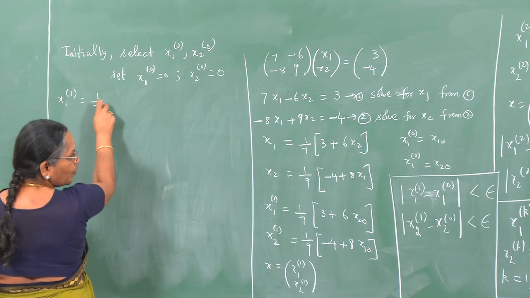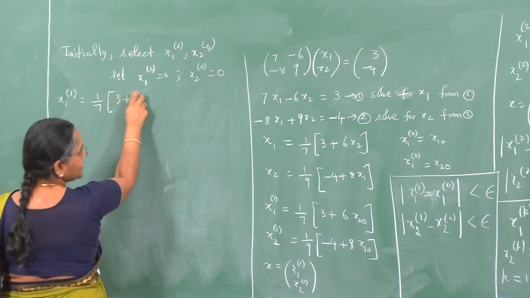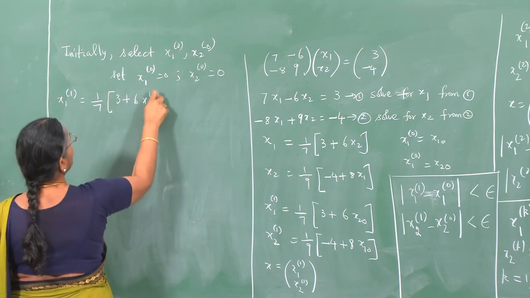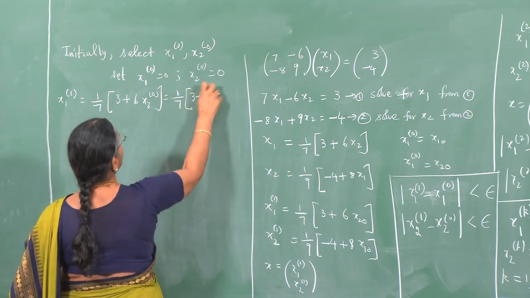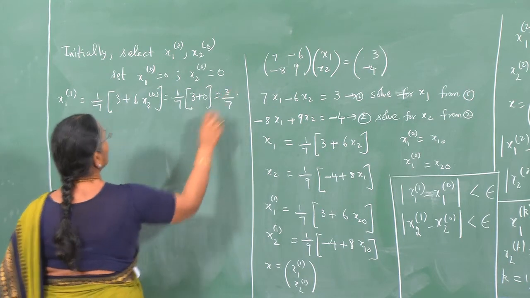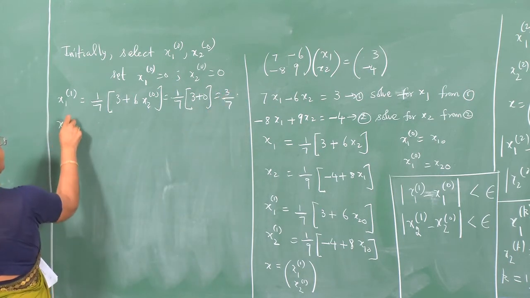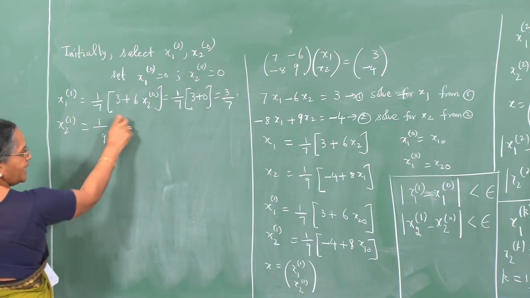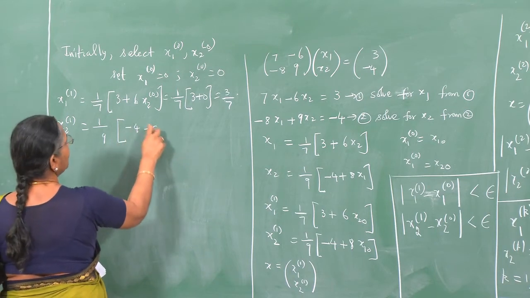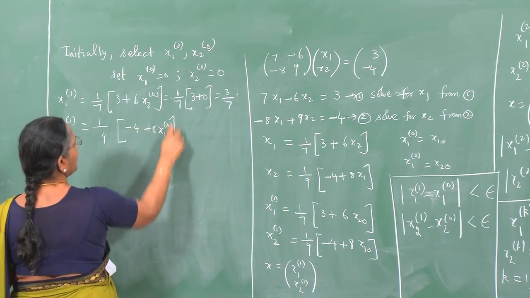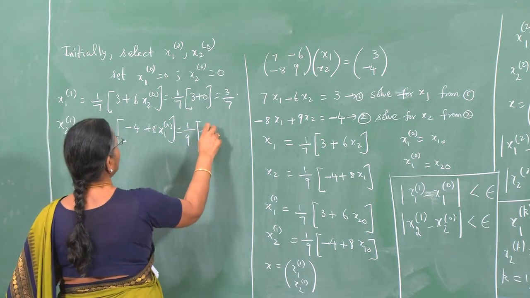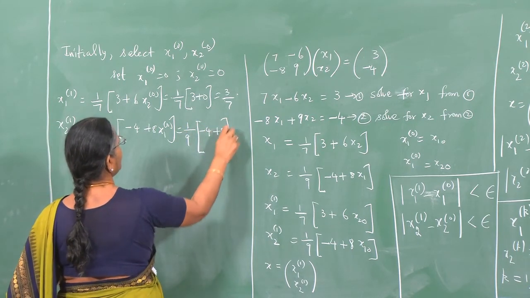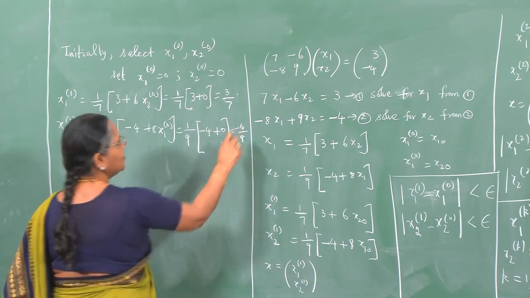It is going to be 1 by 7, 3 plus 6 into x20. So, it is 1 by 7, 3 plus 0. So, 3 by 7. And what is x21? It is 1 by 9 into minus 4 plus 8 times x10. So, it is 1 by 9 into minus 4 plus 8 into 0, and so it is minus 4 by 9.